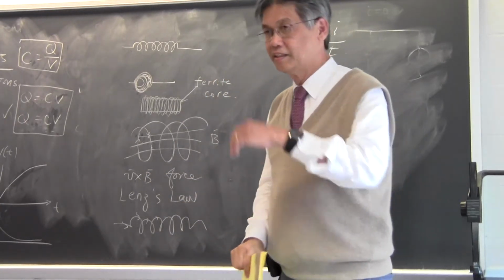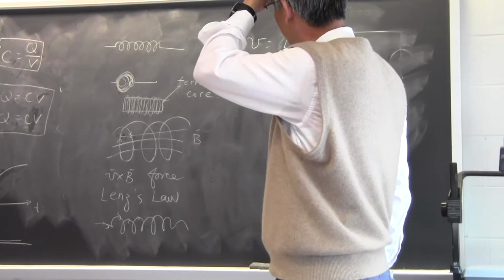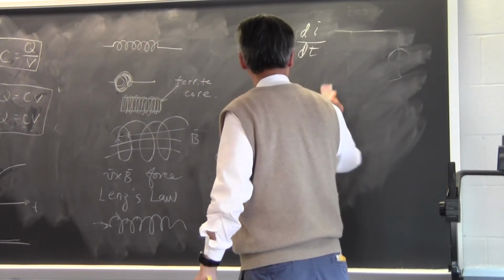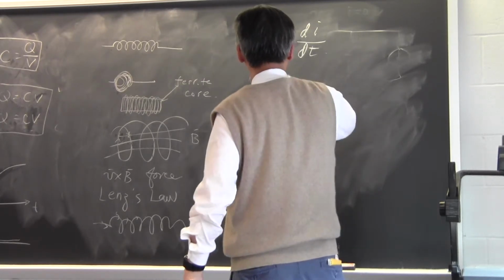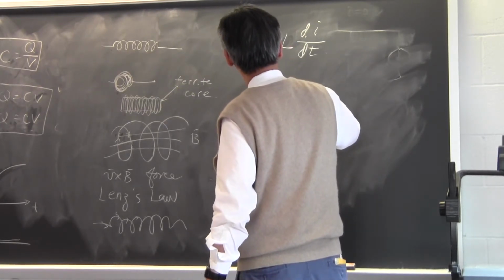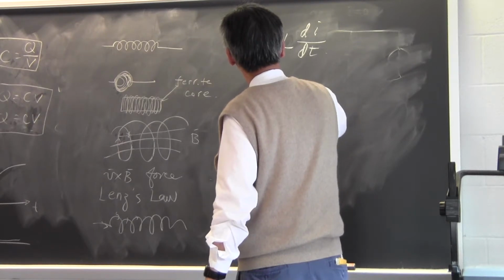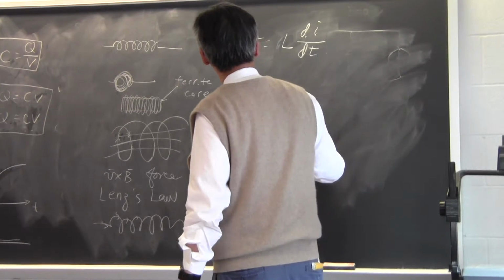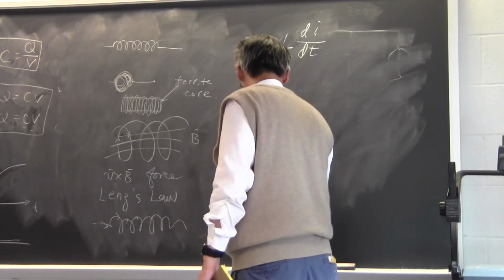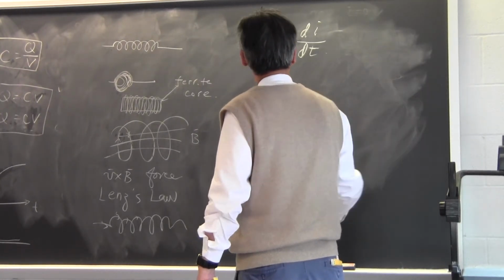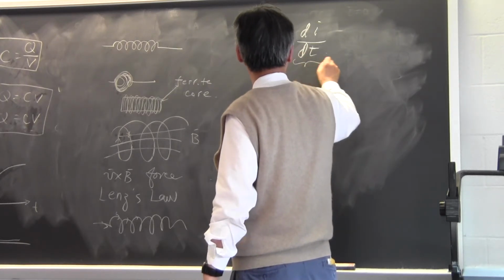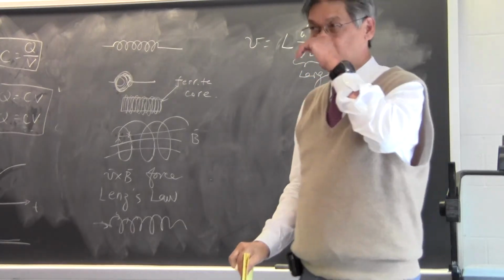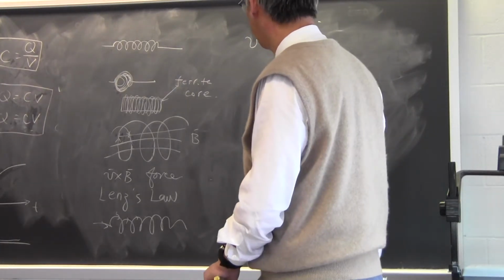Okay, which says that in the beginning, if you try to put a current into the inductor, the current generates a magnetic field, and that would try to make a very strong voltage drop. So if dI/dt is large, it produces a very large voltage drop across the inductor.